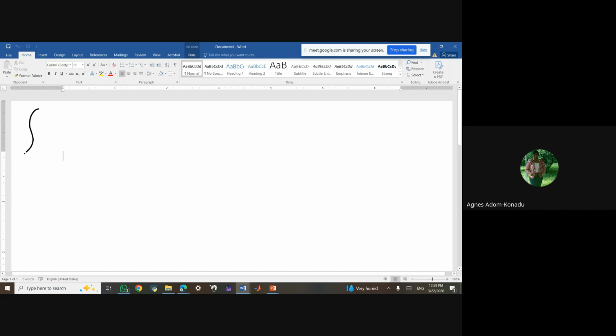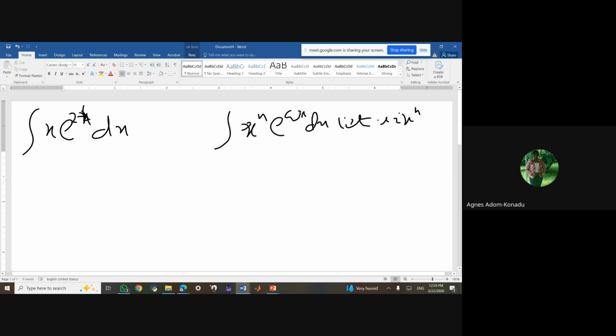So I want to integrate x e to the power 2x dx. Now we can see that this one falls under type 1A. And 1A says that if we see the integral of x to the power n e to the power ax dx, then we should let u be equal to x to the power n.